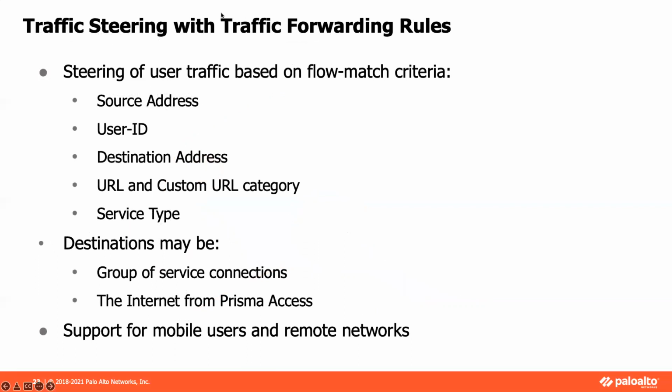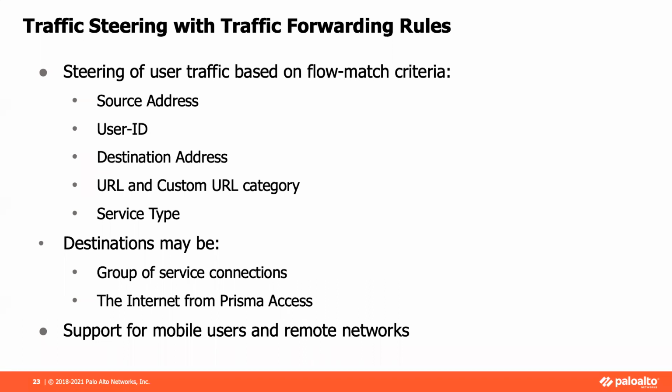So we have the ability to differentiate traffic for traffic steering by things other than just destination IP address, which, as I said, is what normal routing does. So we have the ability to look at source IP addresses, users, destination addresses, of course.